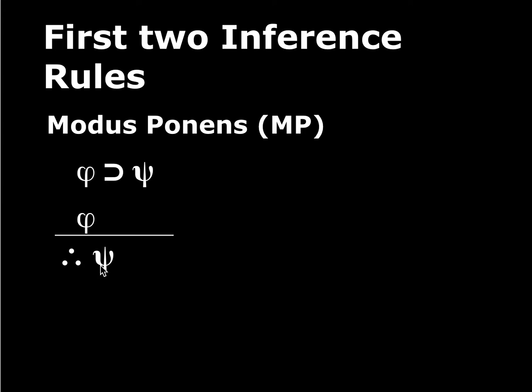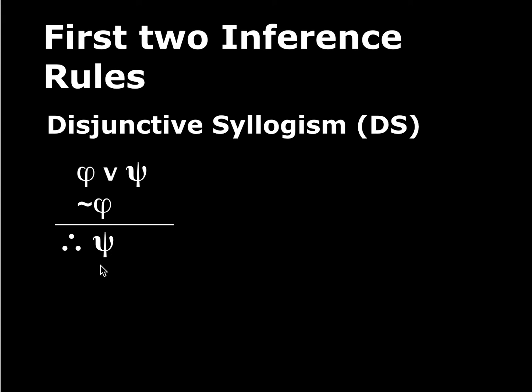The second rule is disjunctive syllogism. This rule says if you have a disjunction on a line and you have the negation of one of the disjuncts, and here we do, one of these disjuncts is phi, and here I have not phi. So I have what I need.